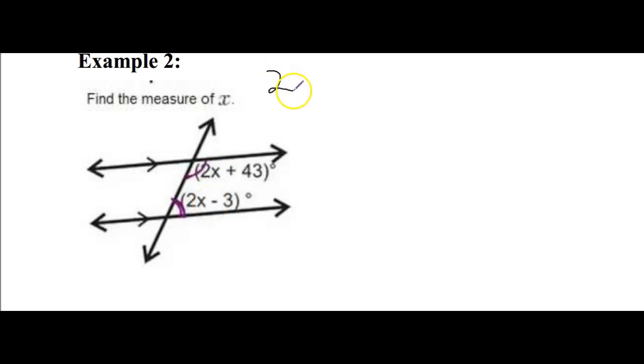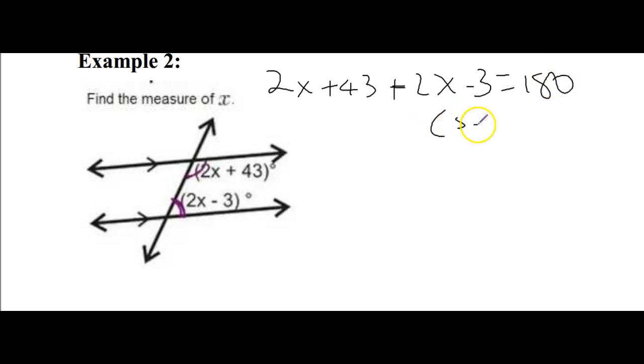So we do 2x plus 43 plus 2x minus 3 equals 180. Same side interior angles. Okay, so we collect like terms.